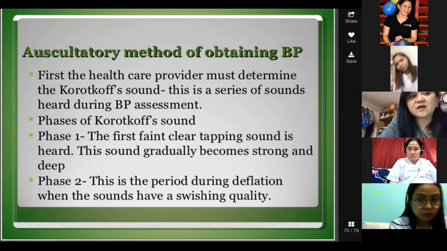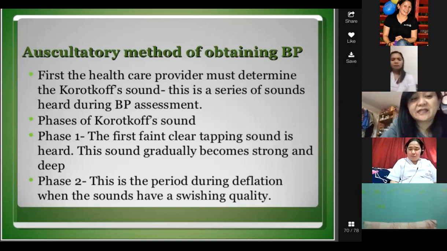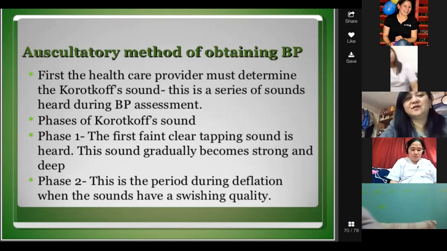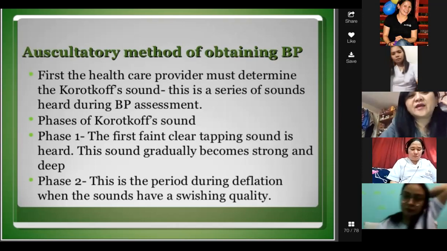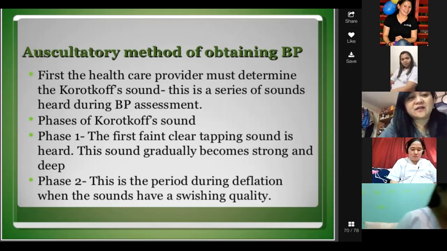The first phase is the Korotkoff sound: the first faint clear tapping sound. First beat na we heard from the stethoscope. That is the first that we heard. The sound gradually becomes strong and deep.